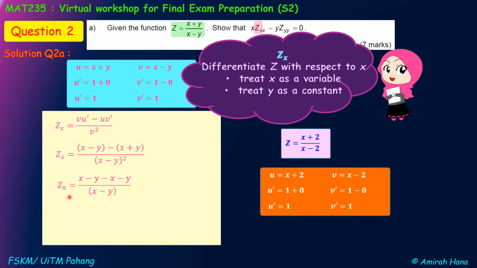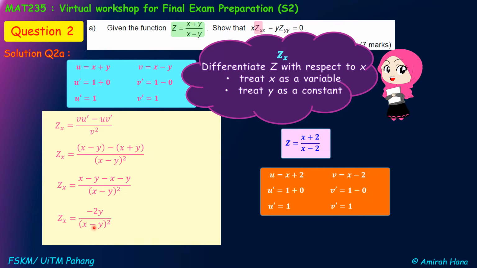So we have z_x equals x minus y. After we expand the negative with the function in the bracket, we have minus x, and then minus y. Then after we simplify, we have z_x equals x minus x equals 0, minus y minus y equals negative 2y, and then over (x minus y) squared.